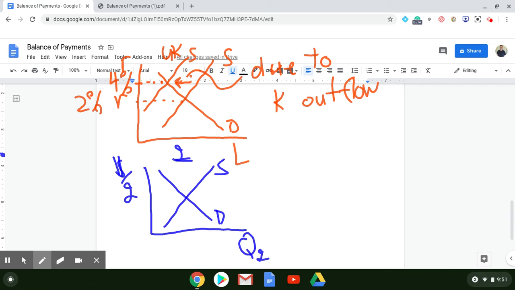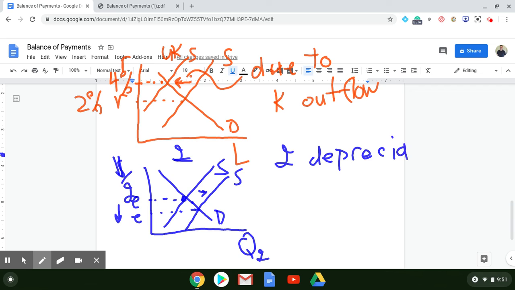Folks in the United Kingdom have to take their pounds and exchange them for dollars. So there's going to be pounds that go into this market. The supply of pounds increases because they're taking their pounds and exchanging them for dollars, and the exchange rate goes down. So the pound has depreciated.